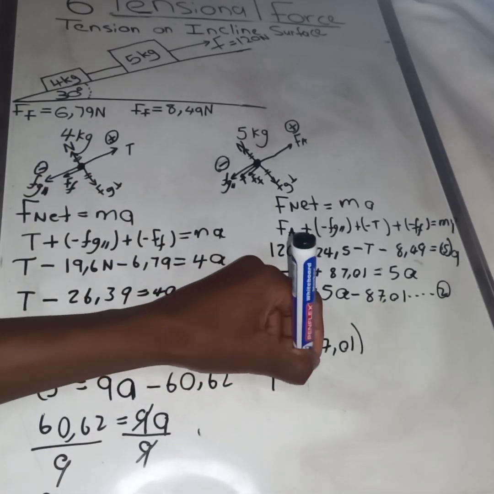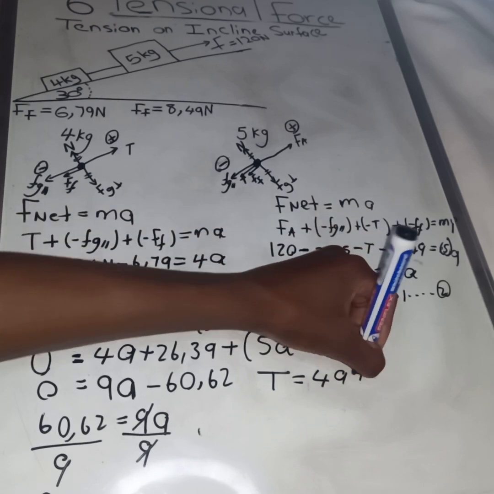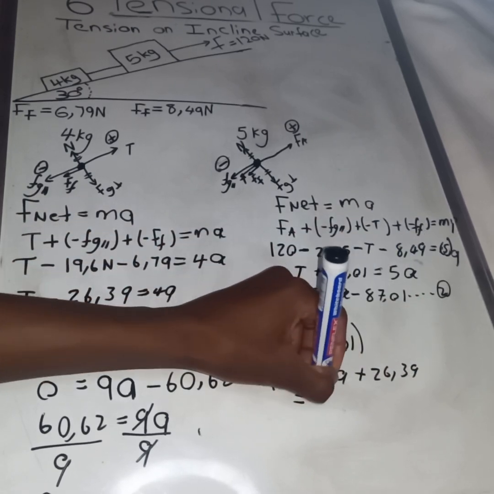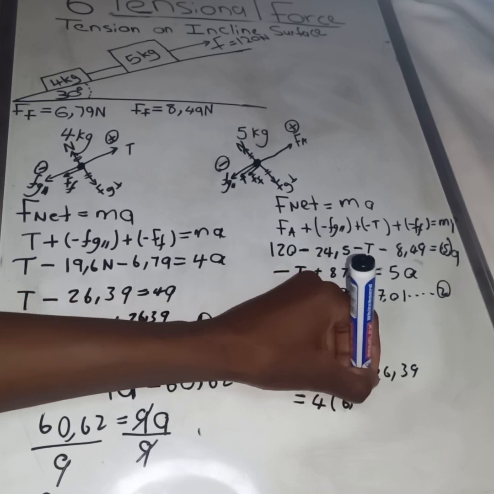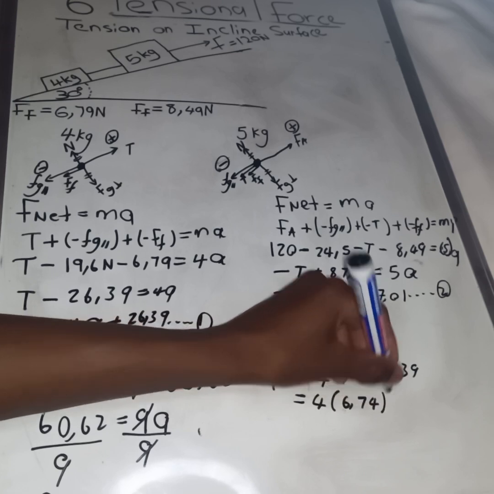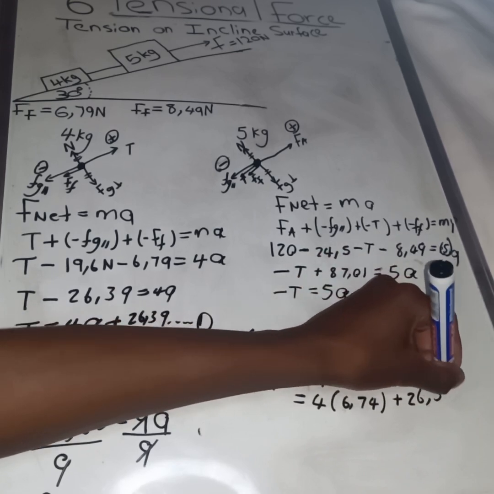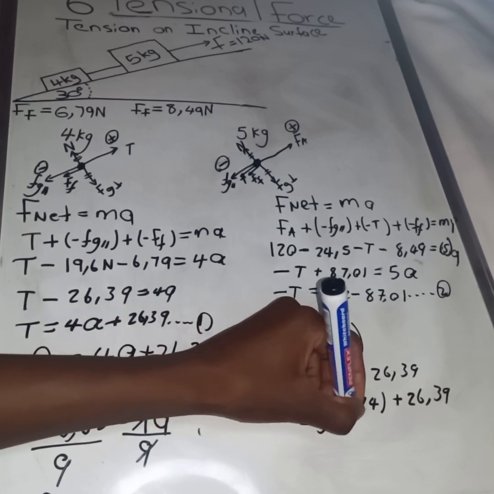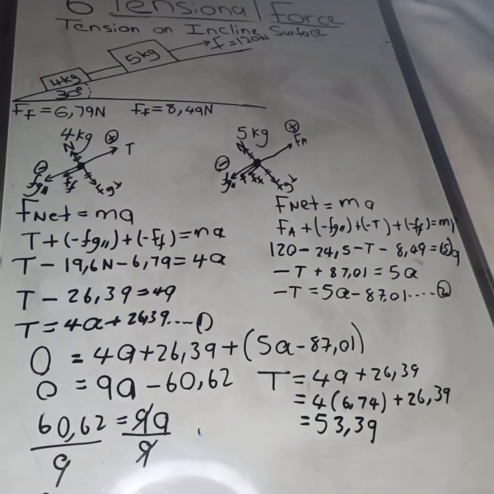So tension is equal to 4a, and the value of tension.